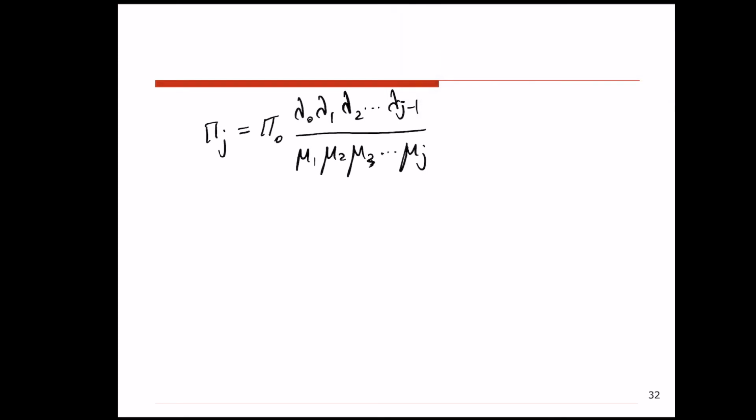And as I said, this part of the formula is known because we know the values of all the lambdas and the mu's. I'm going to name this Cj. So this is a constant, and I'm just going to call it Cj.